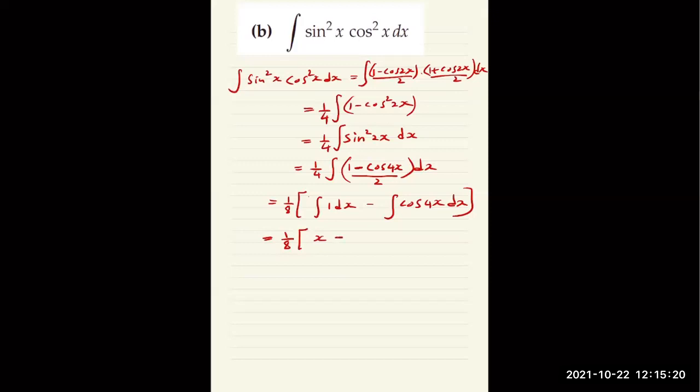What is the integration of cosine 4x? That's going to be sine 4x divided by 4. A small u substitution will give you the answer. You use u is equal to 4x, then you will see that the integration is going to be sine 4x divided by 4.